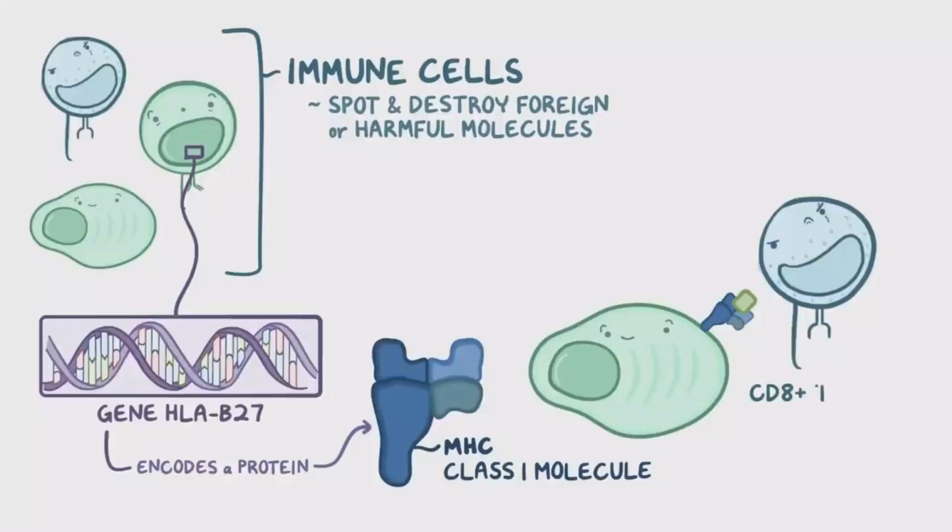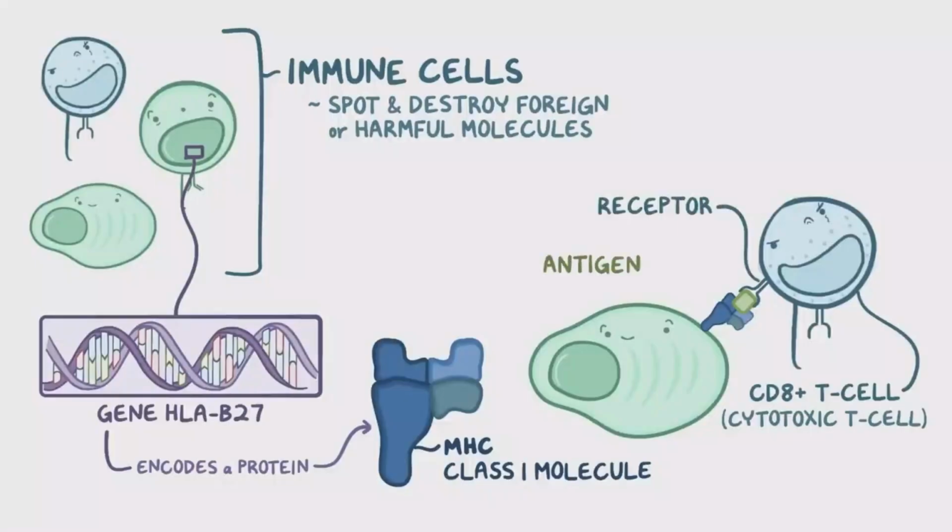A CD8 positive T cell, also called a cytotoxic T cell, uses its T cell receptor to bind to the antigen presented by the MHC class I molecule. Normally, the antigen that's presented is from the cell, and the immune system recognizes it as a harmless self-antigen, which leads to no response.